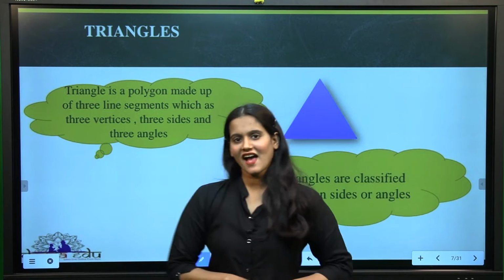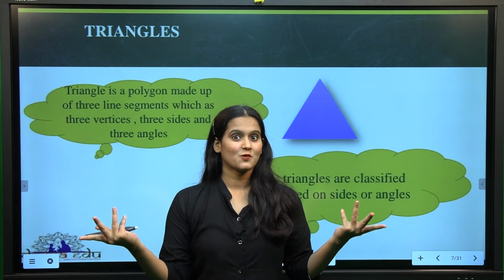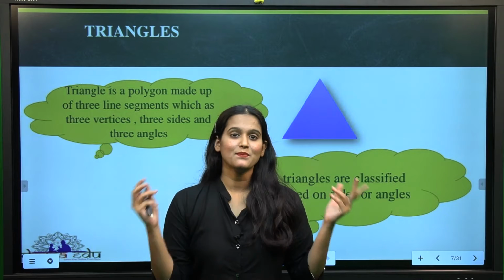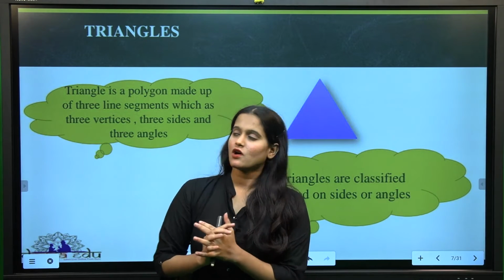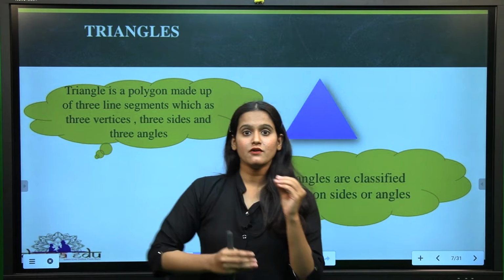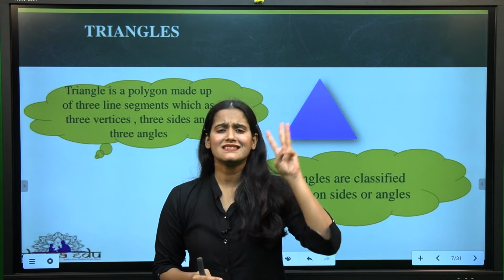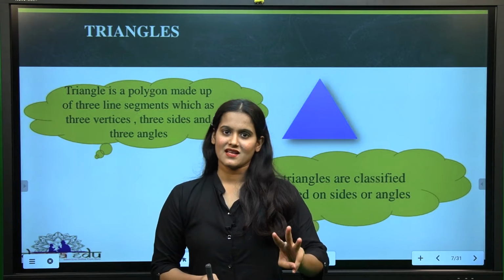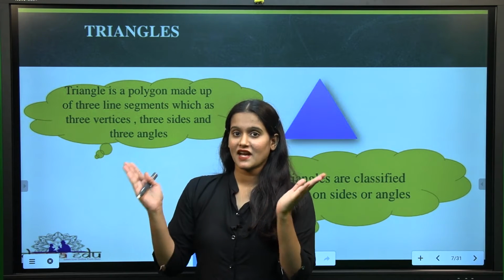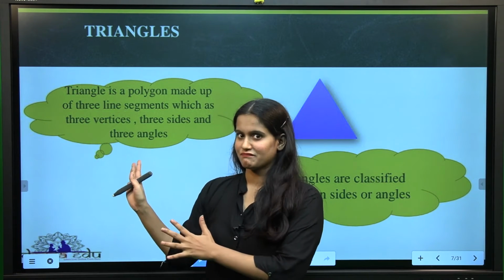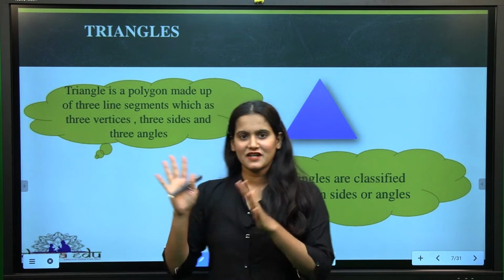So what is a triangle? It is a polygon, right? It's a closed polygon that is made up of the least number of line segments, that is only 3 line segments. Yes, a polygon which is having the least number of sides is a triangle itself. Yeah, that's what we're going to deal with today.